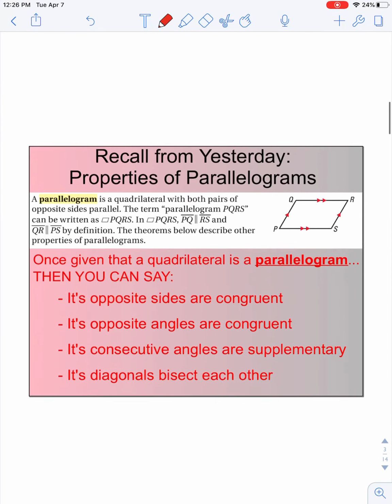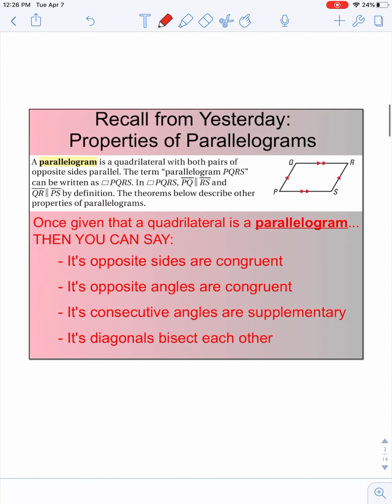So recall from yesterday that Mr. Oslin talked about how the definition of a parallelogram is that both pairs of opposite sides are parallel. That's what it means to be a parallelogram.